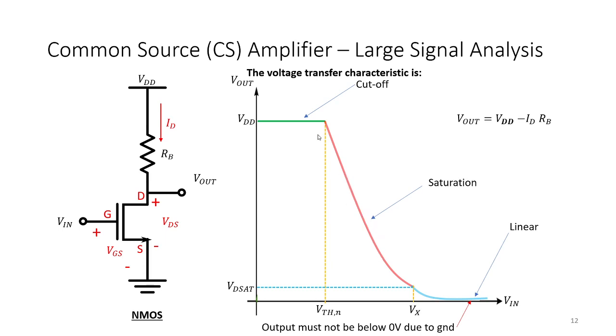That's why it's going down, because ID is also increasing. And then, if the output reaches VDSAT, then this will be in the linear region. And remember, we cannot pull this to be negative, so it will be asymptotic to 0 volts.